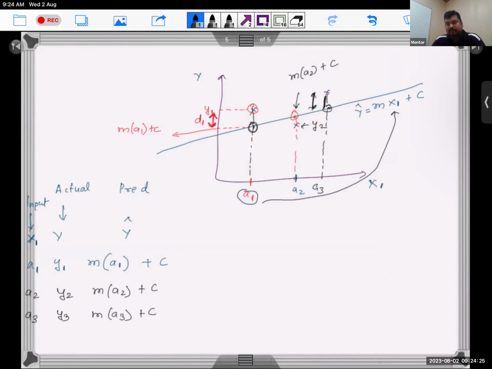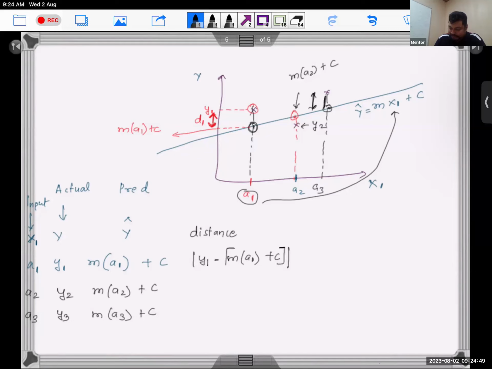So what would you do? How do you define the distance? D1 plus D2 plus D3. So I'm going to measure the distances D1 plus D2 plus D3, right? How do you define the distance D1? Absolute of Y1 minus (M A1 plus C). Great. Why did you take the absolute?